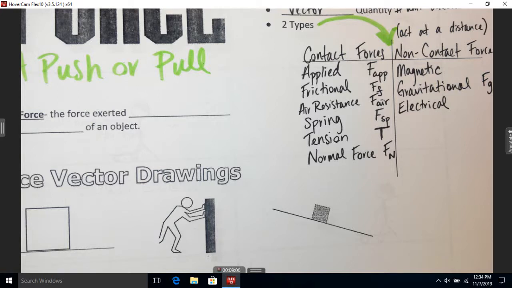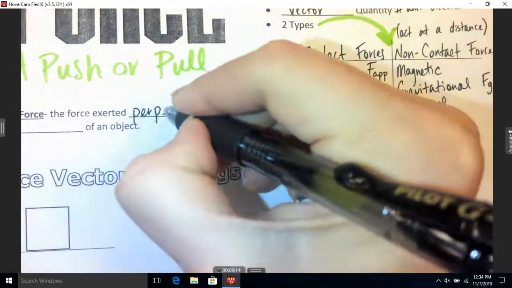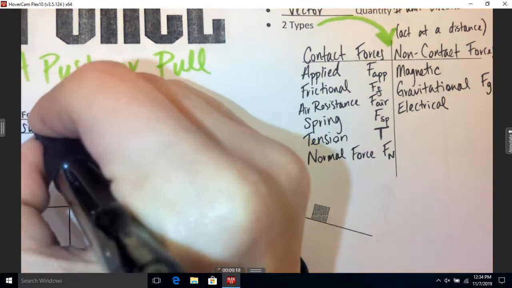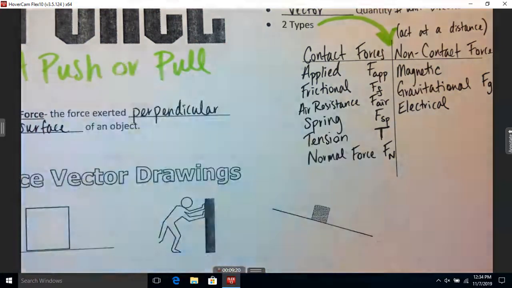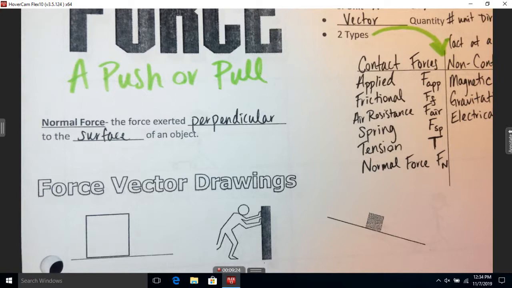Does that make sense? Okay, so the normal force is the force exerted perpendicular to the surface of an object. Perpendicular to the surface of an object. So let's kind of break that down.